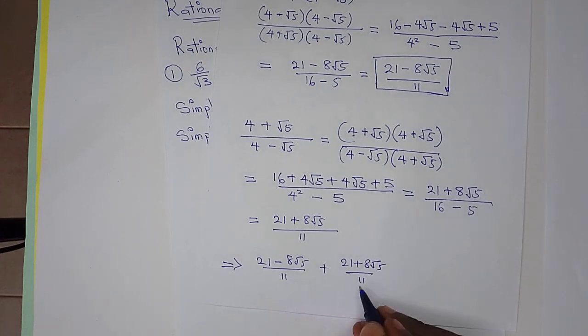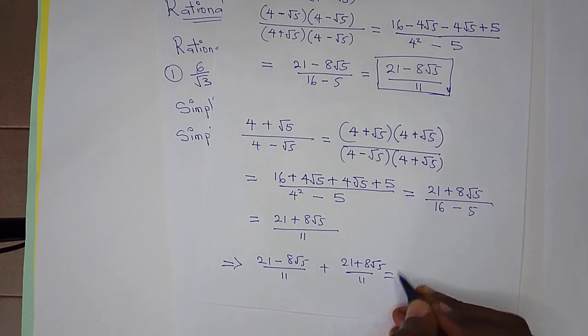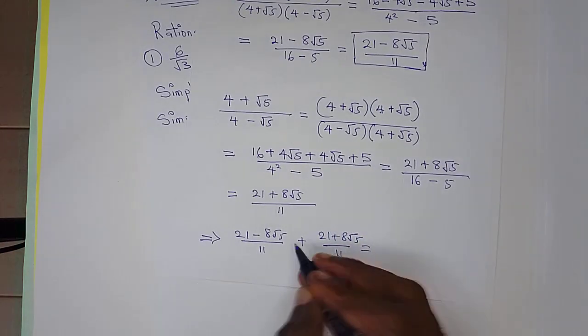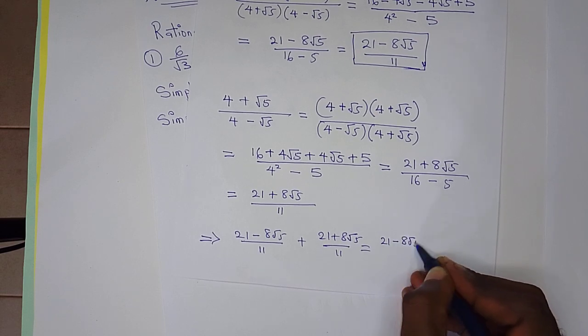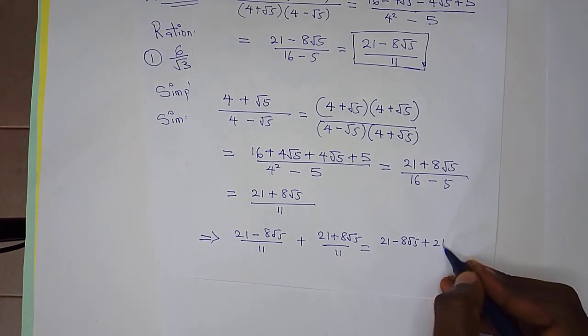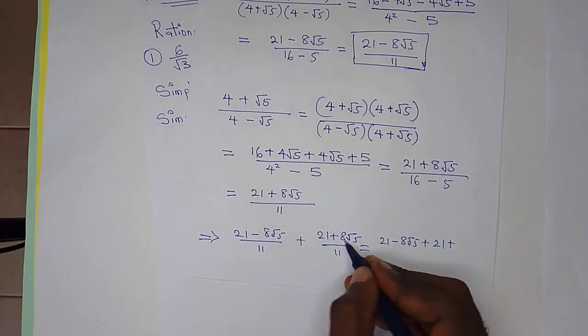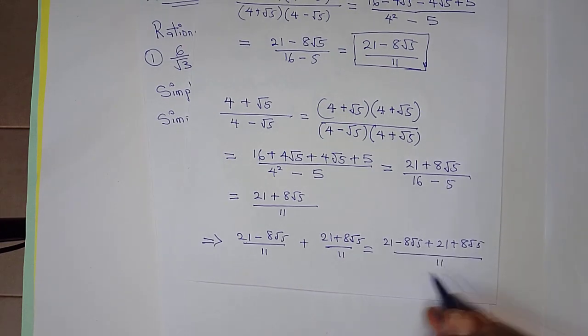You can see that the common denominator is 11. So what you simply do is add the numerators together by saying 21 minus 8 root 5 plus 21 plus 8 root 5 all over 11.